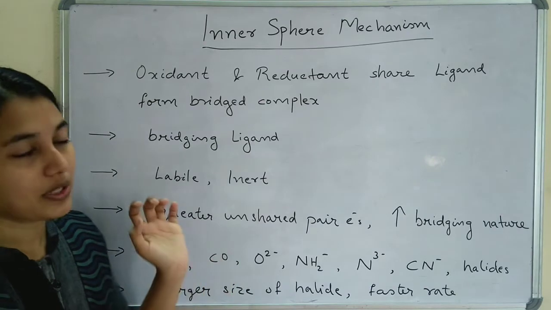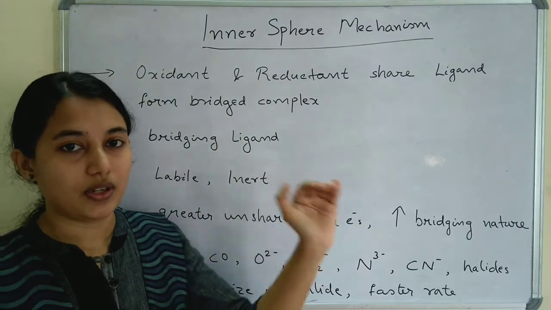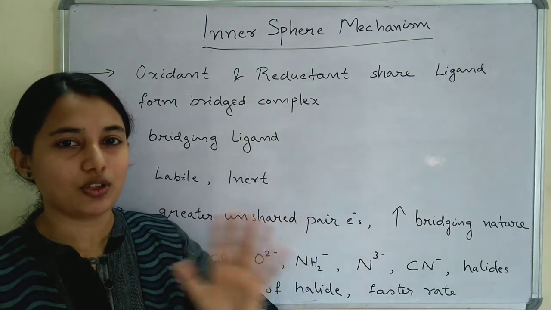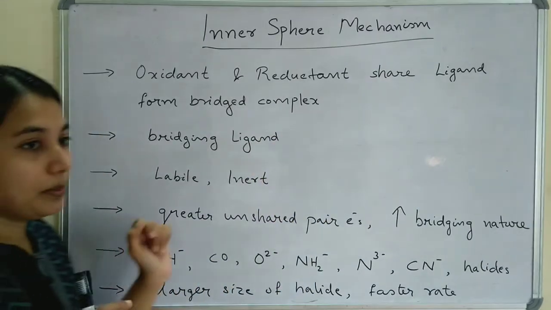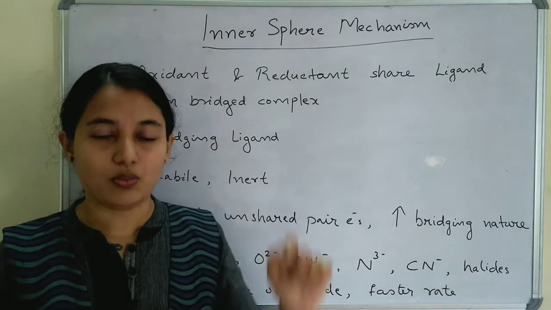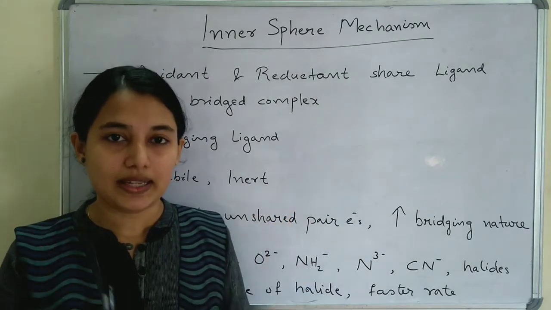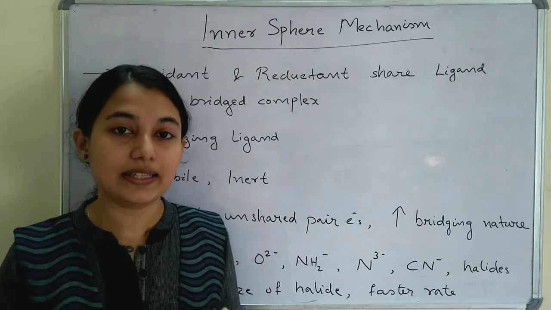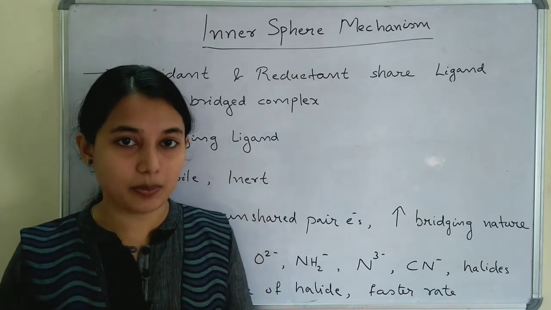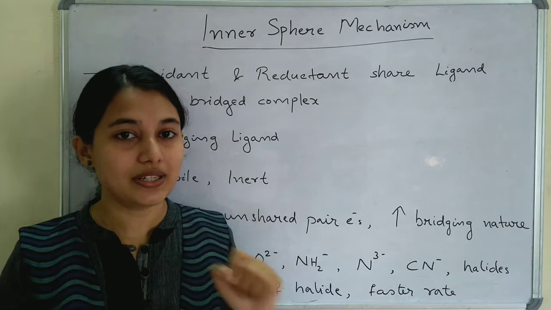In outer sphere mechanism, we saw the oxidation and reduction as just the transfer of an electron from one to the other. But in inner sphere mechanism, a bridging ligand is present. What is a bridging ligand? A ligand which can share a pair of electrons. A ligand which has an unshared pair can act as a bridging ligand.